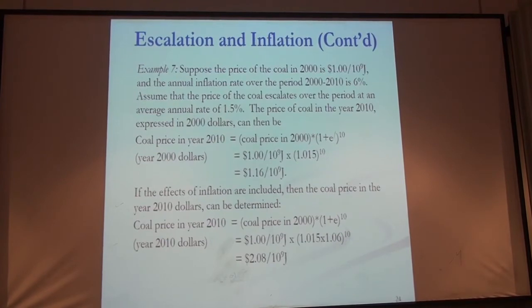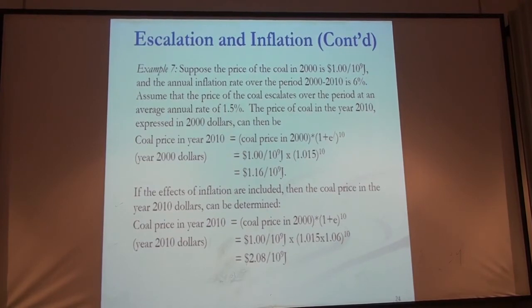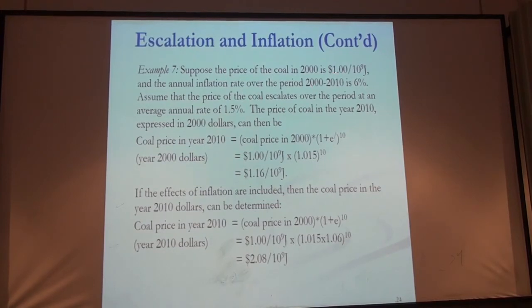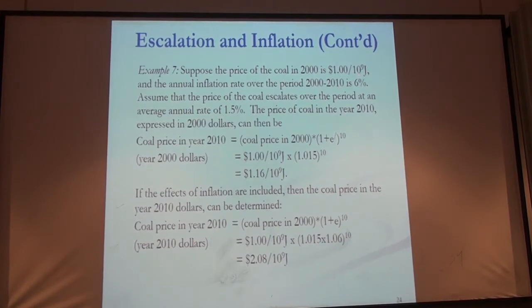So let's see an example of escalation and inflation. If you have any questions before I go to this example. Okay, so let's see example number 7. Suppose the price of coal in year 2000 is $1 per gigajoule. The price is given in gigajoules, an energy unit, instead of tons; it doesn't matter.